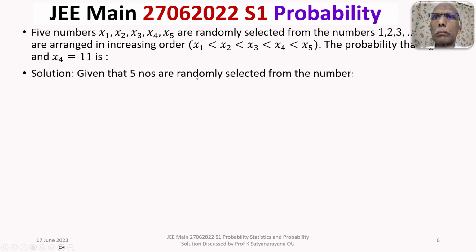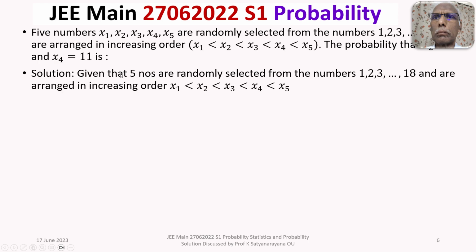We have to choose 5 numbers randomly from the set consisting of 1, 2, 3 up to 18, and they are to be arranged in increasing order, that is x1 < x2 < x3 < x4 < x5.